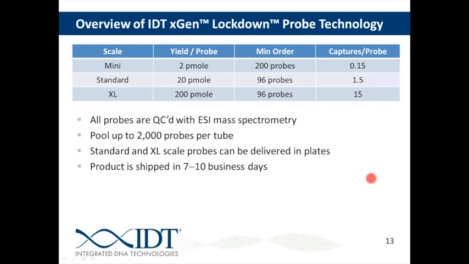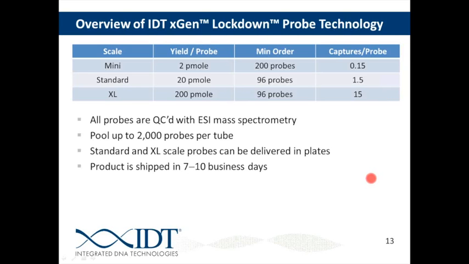The mini scale yields 2 picomole per probe, with a magnitude increase in material per probe as you increase your scale. The minimum order for the mini scale is 200 probes, so you can potentially develop a panel using the mini probe scale for a 5 kb region.